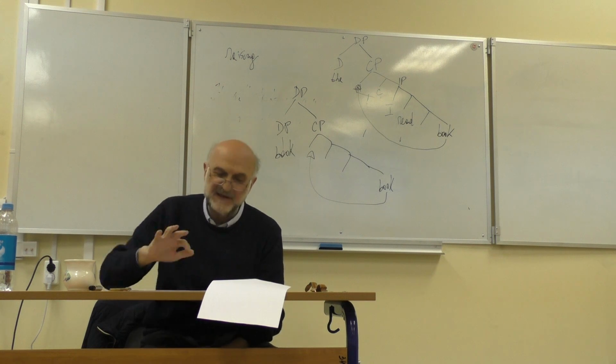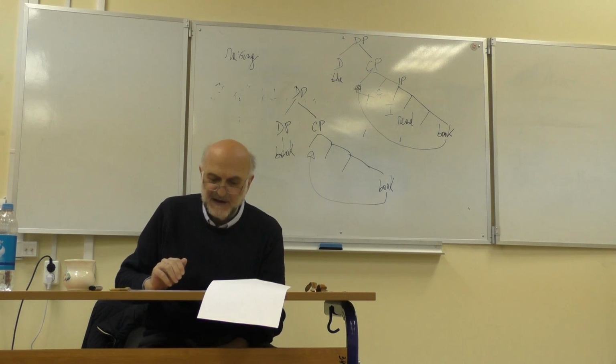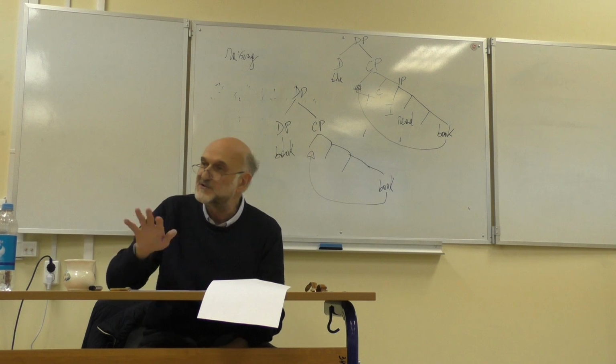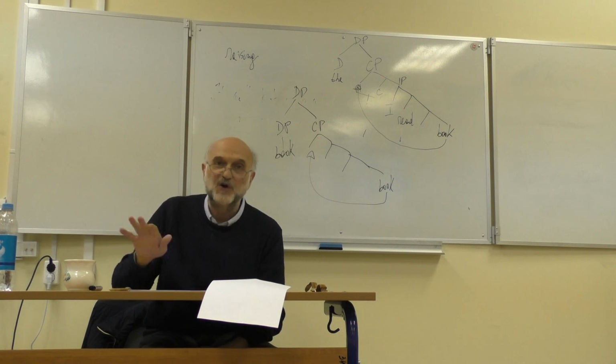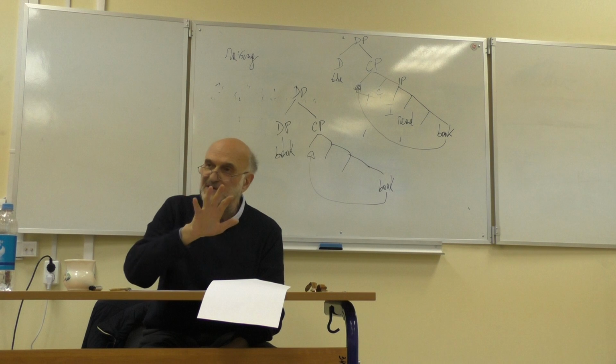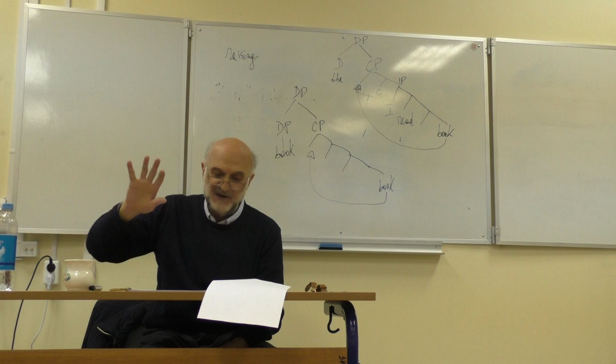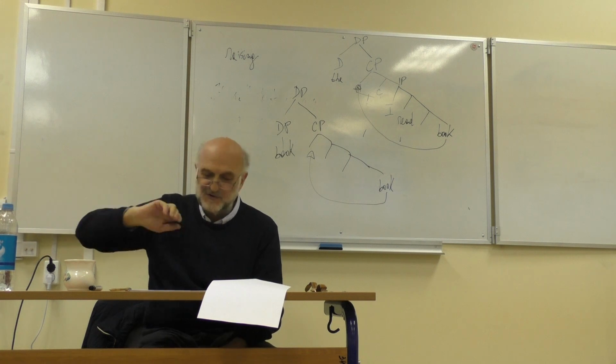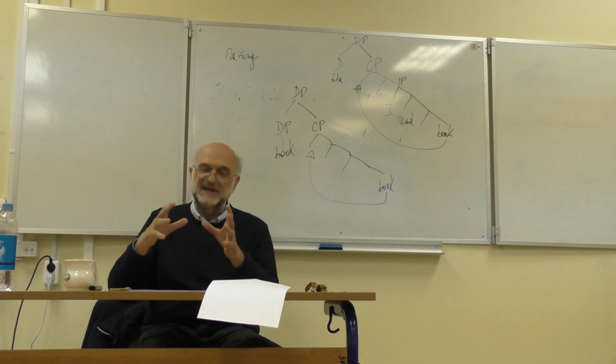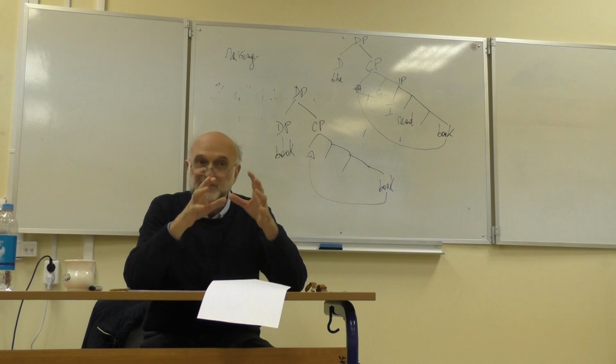Now, I should add that both in the Farsi cases and the Albanian cases, there are restrictions. You cannot do it in all contexts. It's only when something is left dislocated that you can have this, not within the relative clause, but it doesn't matter. It means that the raising analysis is only possible.